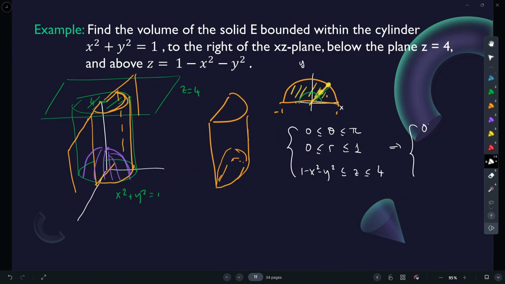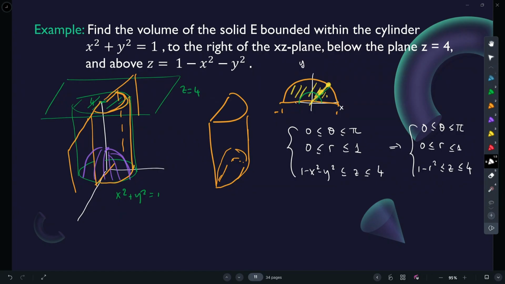So we want to do the complete transformation by changing x squared plus y squared to r squared. So this is 1 minus r squared is less than or equal to z is less than or equal to 4. And now there's no x and y's anywhere. So now we've won. That's the region in cylindrical coordinates.